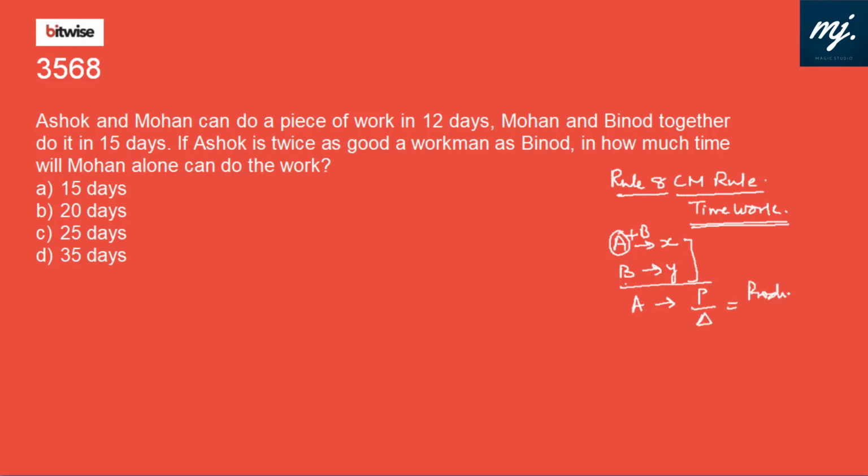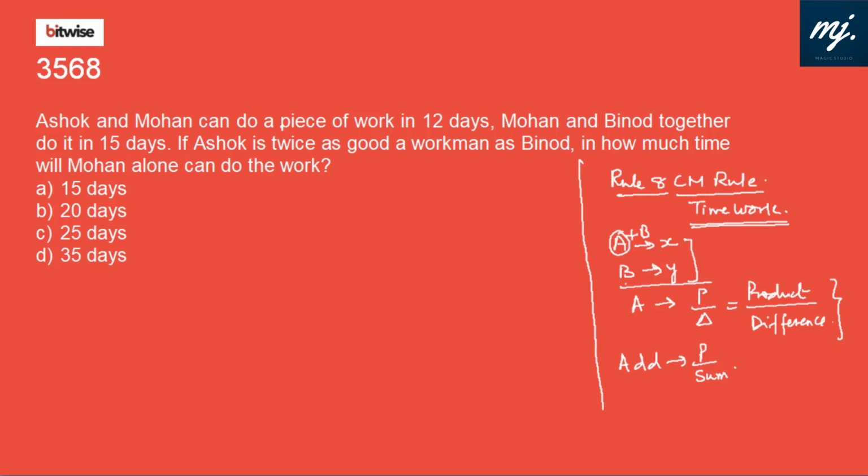In time and work, whenever we subtract things, we use product by difference, and whenever we add things, we use product by sum. I'll use this rule maybe 2 to 3 times in solving this question, and see how quickly we can do this.